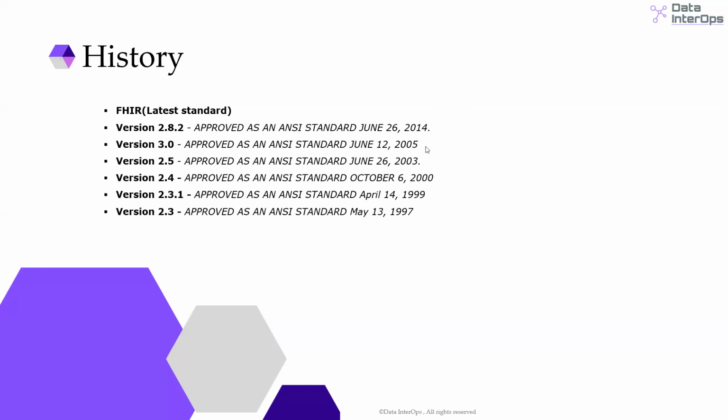After that, in 2005, a new release, version 3, came. Version 3 was not very much welcomed by the industry, for a couple of reasons. One, a change in the entire structure of the message. With 2.x, you have a structure called a pipe delimited file, whereas with version 3, it's an XML definition file.